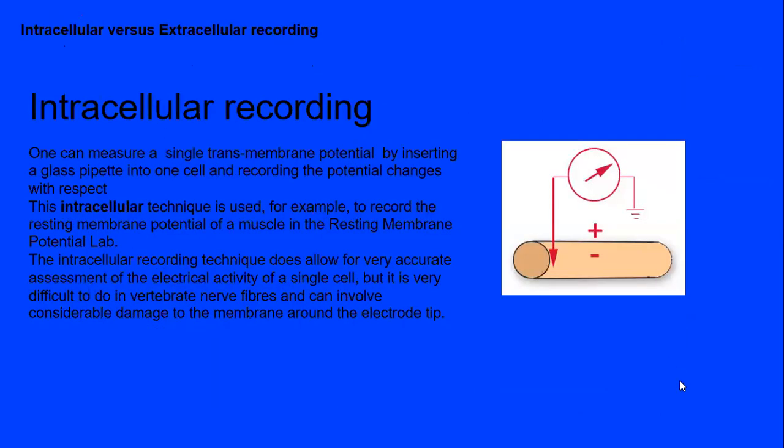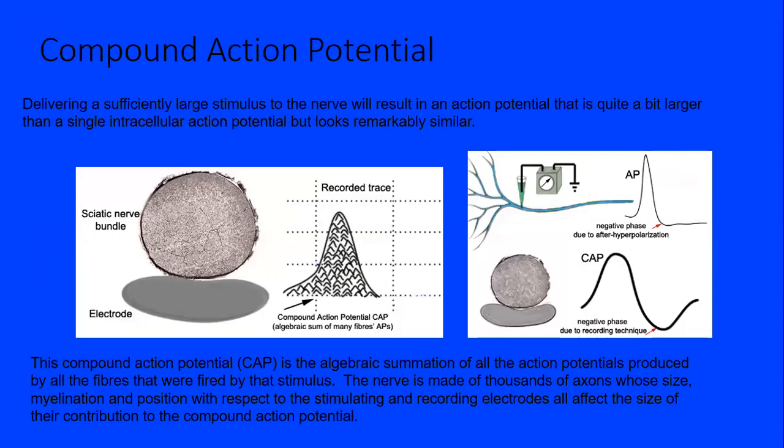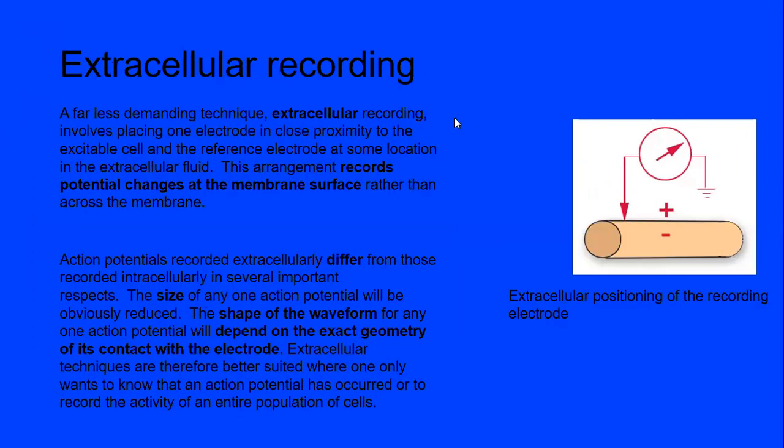So let us see what happens in these recordings. I've already shown you the setup here. As the electrons move, this pointer will move from one side to the other and it will stabilize at a given point. Now, with the extracellular, again, this is the difference. You'll be putting it on the surface.